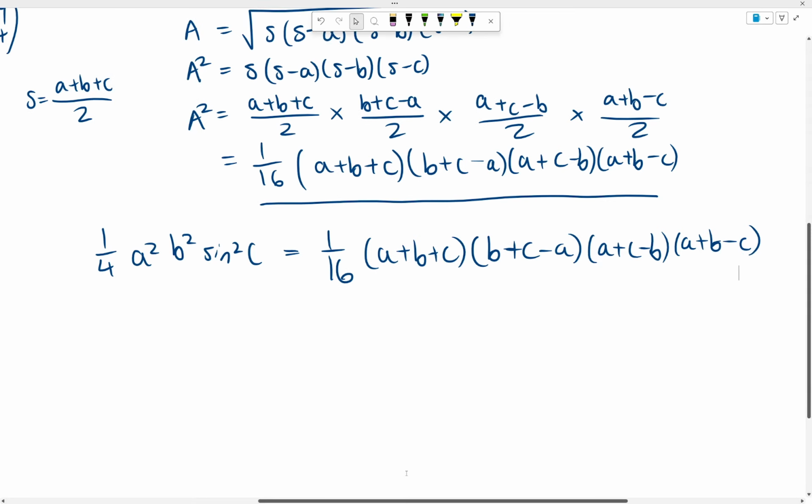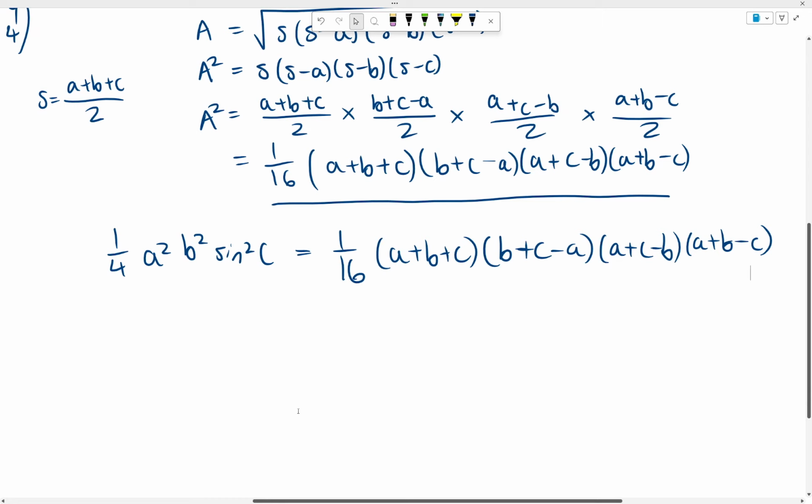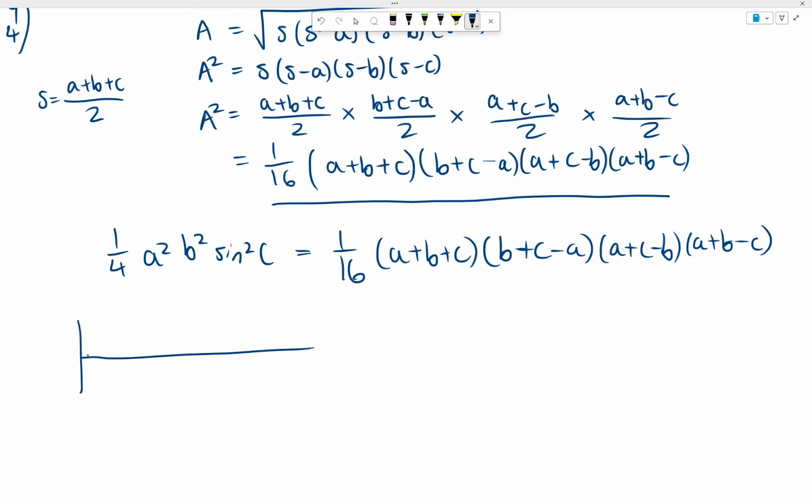So you might get stuck here and not know what to do, but what I'm going to do is use the fact that if I draw a sine graph, then the value of sine is always between 1 and -1. So therefore the value of sine squared is always between 0 and 1.